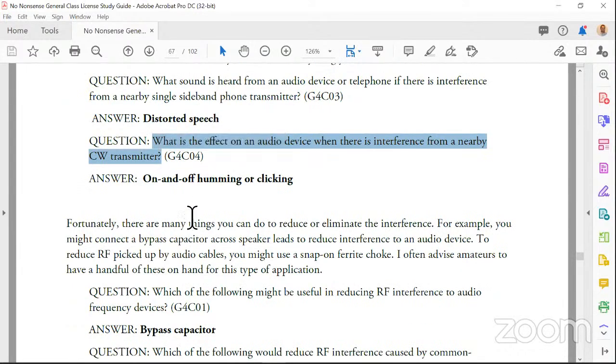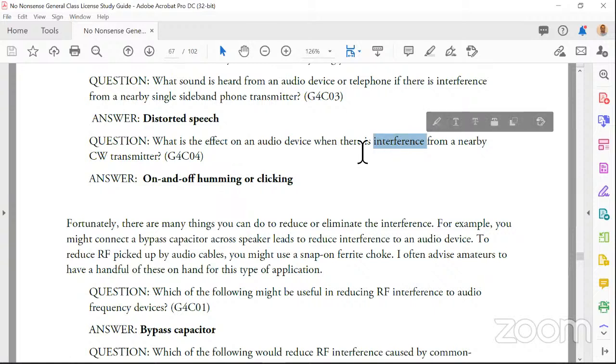What is the effect on an audio device when there is interference from a nearby CW transmitter? Let's dissect this question. They're asking us, okay, we are causing interference. As an amateur, we are transmitting, we are causing interference to some audio device.